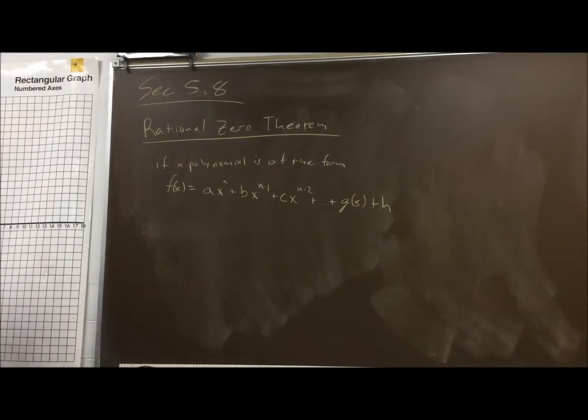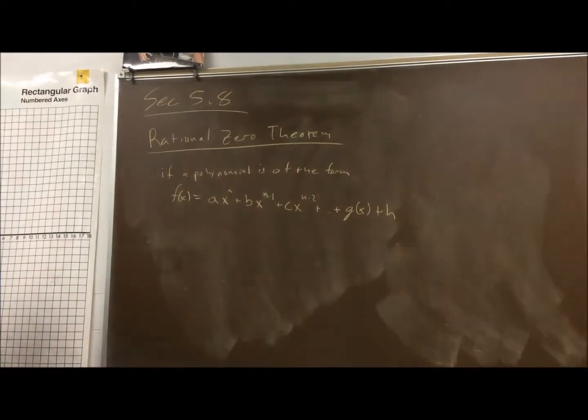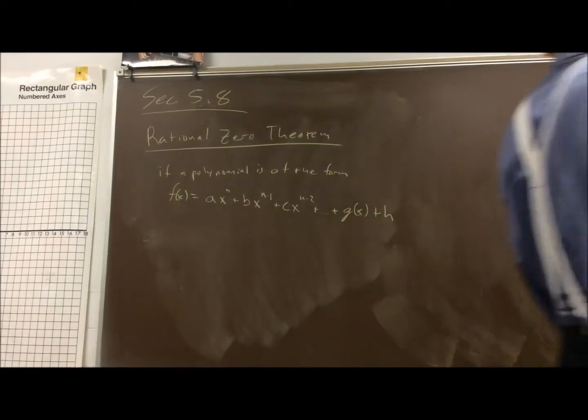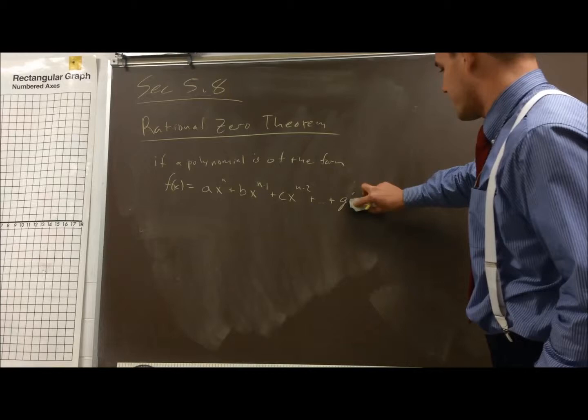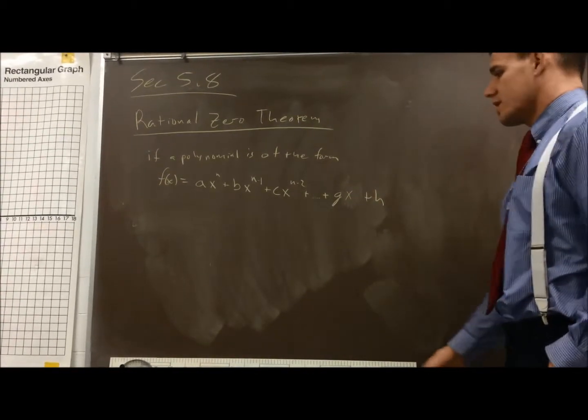Polynomials of the form f(x) = ax^n + bx^(n-1) + cx^(n-2), etc., and the last terms are plus gx plus h.